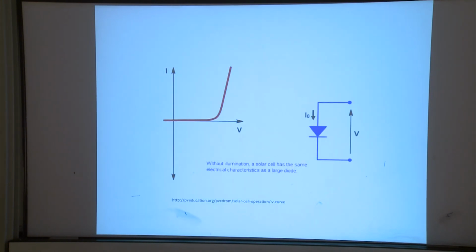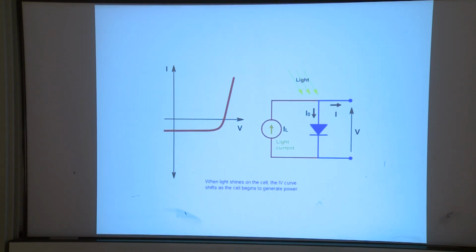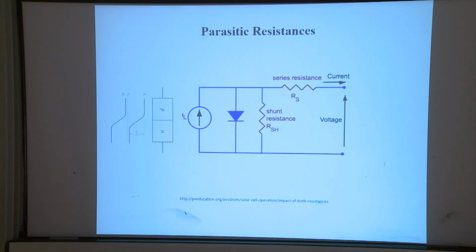Okay, again, this I took from the website PV Education. As this is illuminated, then it will go down, right? Okay. So now we try to find the effect of series resistance and shunt resistance on the IV curve. They are called parasitic resistances.